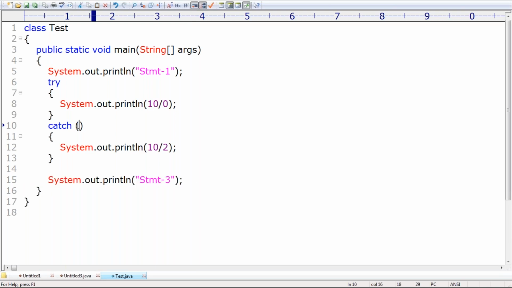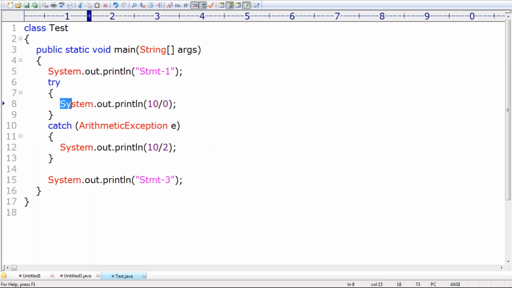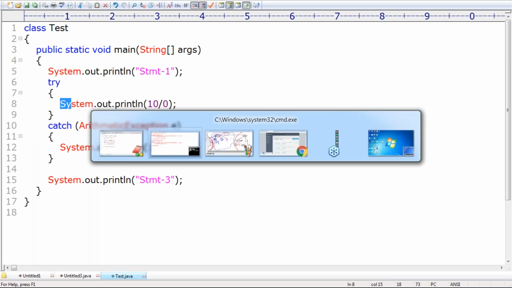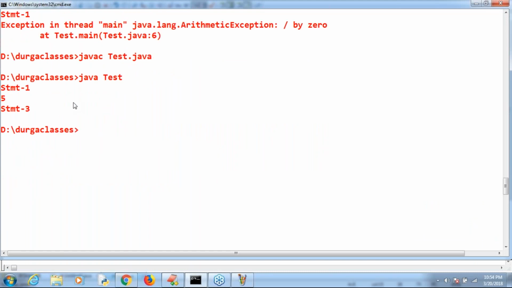Yes, because the exception came and you handled that exception. After handling that exception, the remaining code happily continues. So statement 1, then the exception, because of that 5 is printed, and then statement 3 is printed. By default we get statement 1, 5, statement 3. Clear for all of you, right?